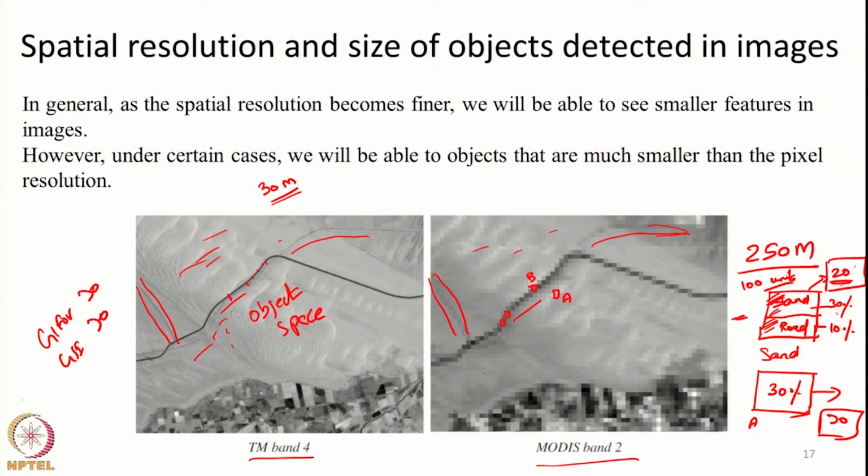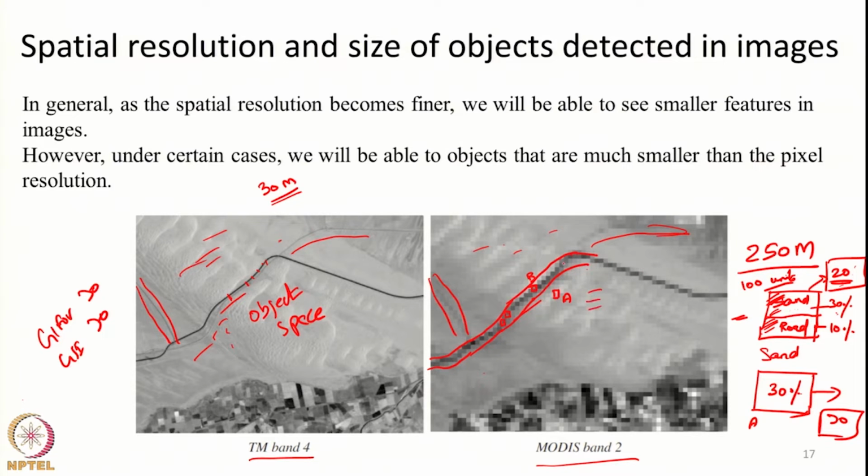So, if you try to plot it in a 2-dimensional space, the DNs along this particular road element, or the incoming radiance at the sensor from these elements, will be lower than the incoming radiance from all this space.